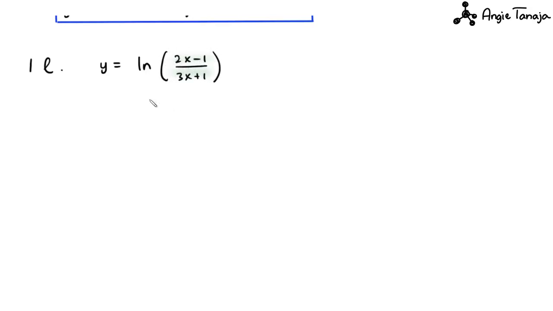Gimana cara kerjanya? Ln 2x kurang 1 dikurang ln 3x tambah 1. Oh bukan ya, Pak? Oke. Boleh. Terus?